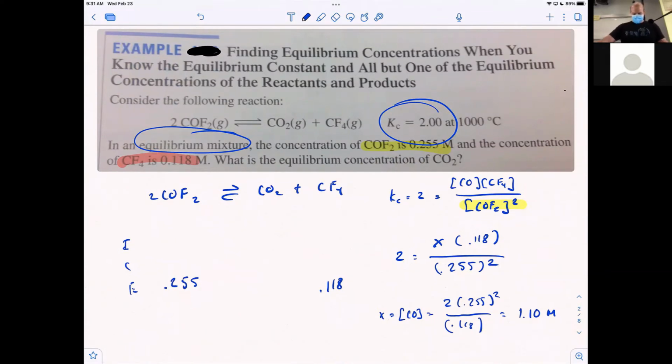The question was, is this not Qc because we just covered reaction quotient, but I circled the equilibrium mixture indicating that this is at equilibrium. So Qc and Kc are the same thing at equilibrium. Do you understand what we're saying? Thank you.